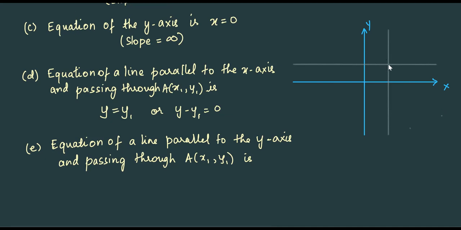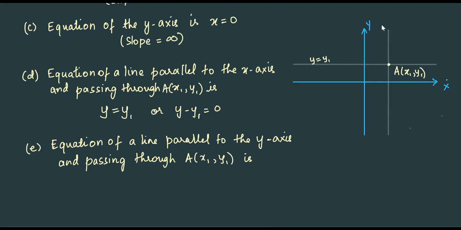And this point is the point A (x1, y1). So equation of this horizontal line will be y is equal to y1. So at any point on this line, the y coordinate will be equal to y1.